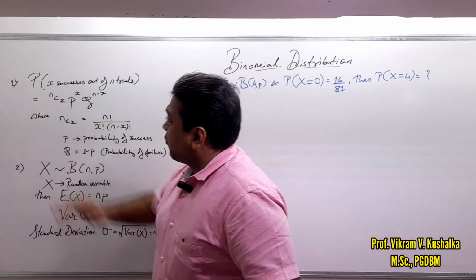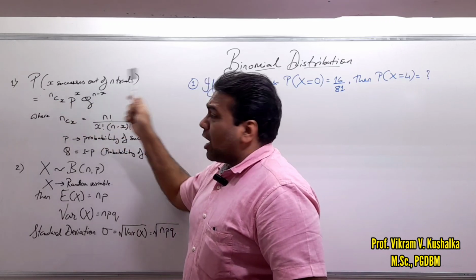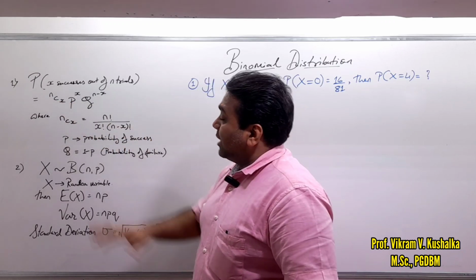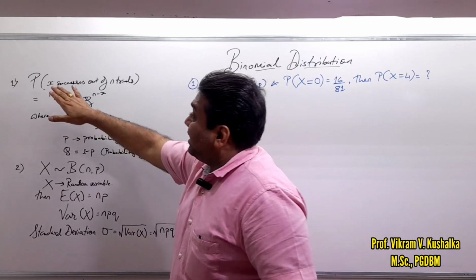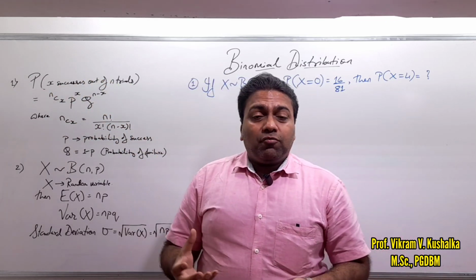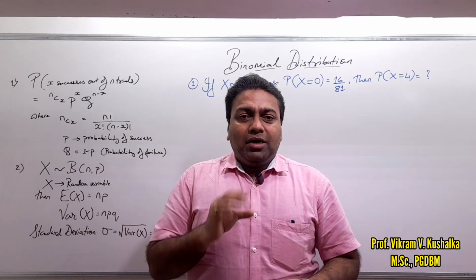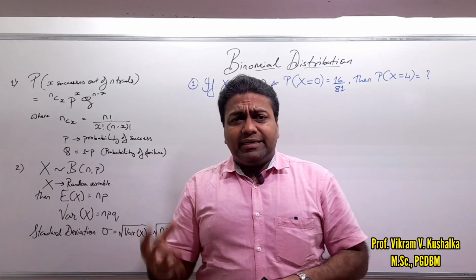This is the first formula, a very important one: P of X successes out of N trials. That means probability of X successes out of N trials. What do you mean by that? If I am tossing a coin, a coin has two sides, head and tail.